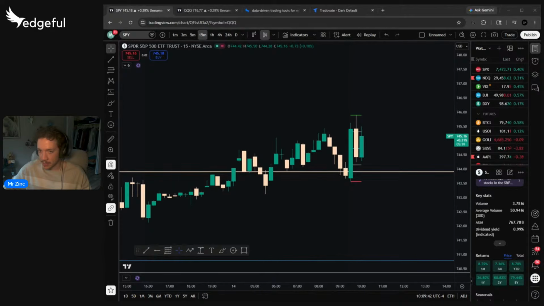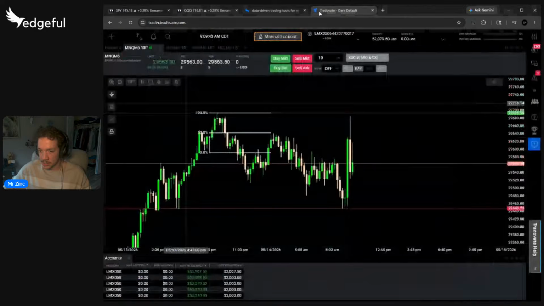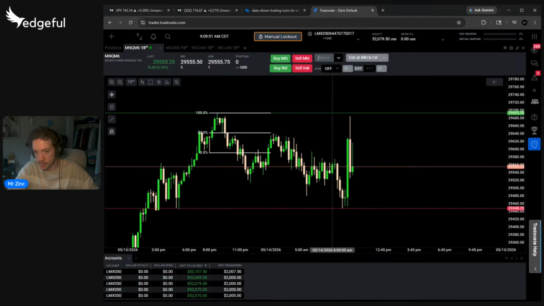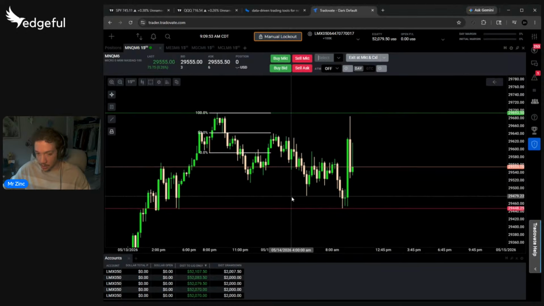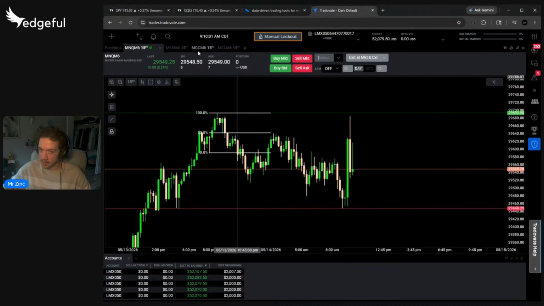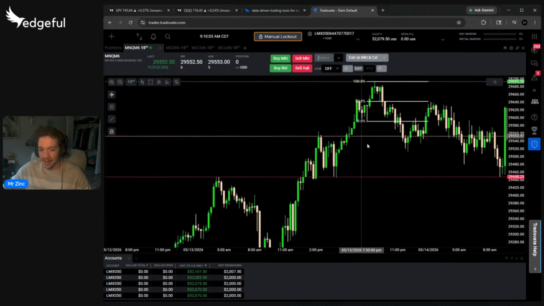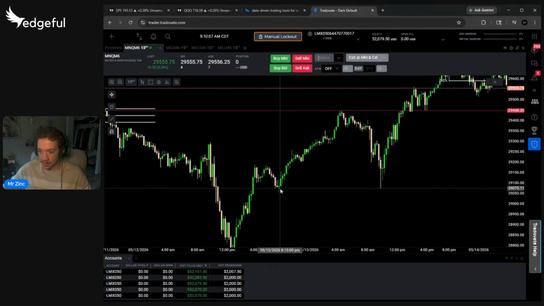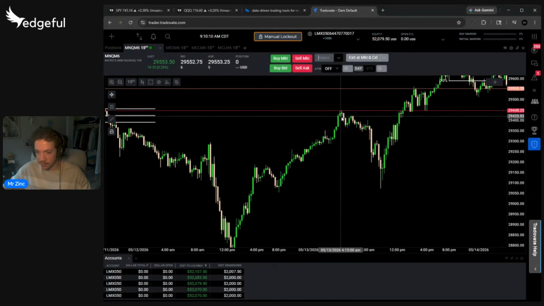I do size up. If I usually trade like 2 micros, I'll trade 3 to 4. Yesterday, though, and this is very important to note, I didn't size up a lot yesterday. What I did was I capitalized on like a 200 plus point move.